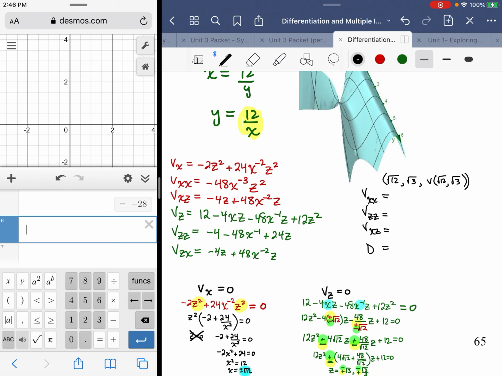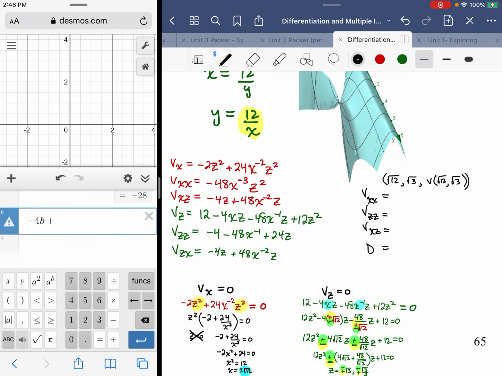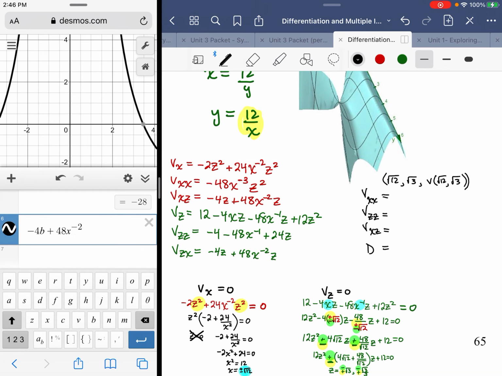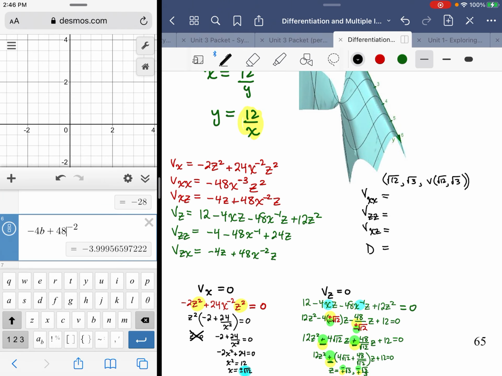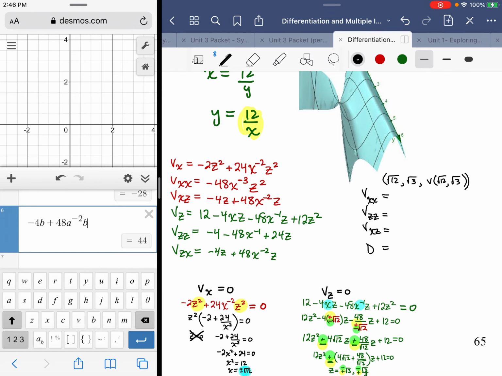Then the mixed, xz, would be negative 4, z is b, plus 48 x to the negative second. I did it. I knew I would do it at some point. x is a, multiplied by b, which is taking on the role of z.